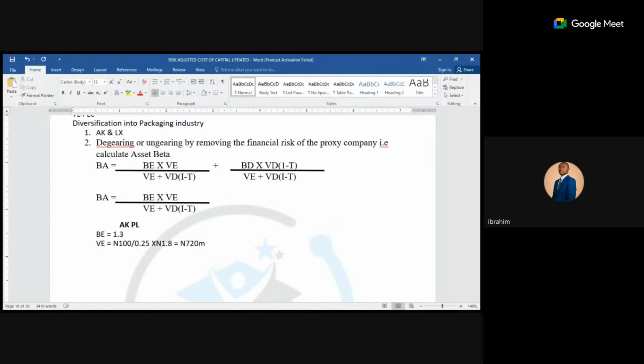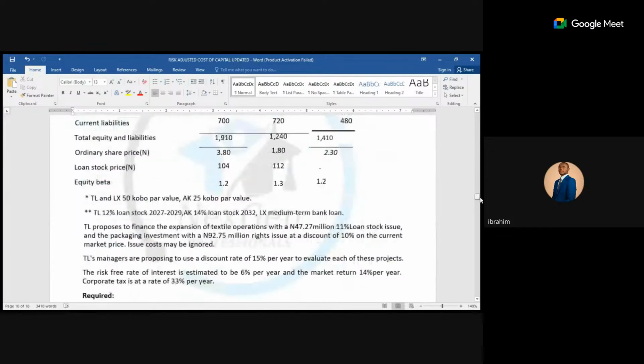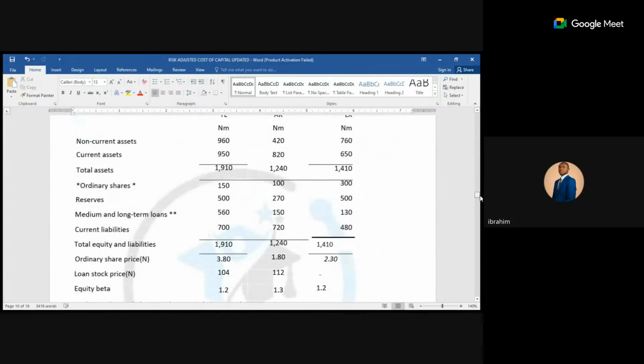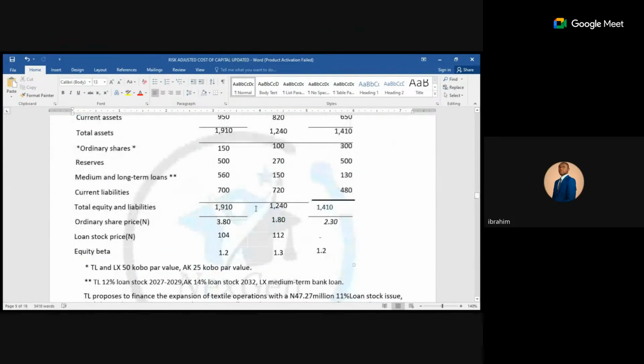So we check for debt. What is the value of debt? How do we determine the value of debt here? 150 million divided by 100 multiplied by 112.